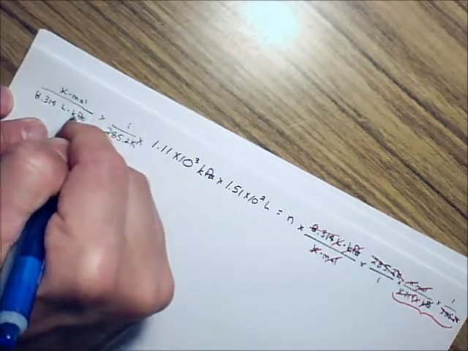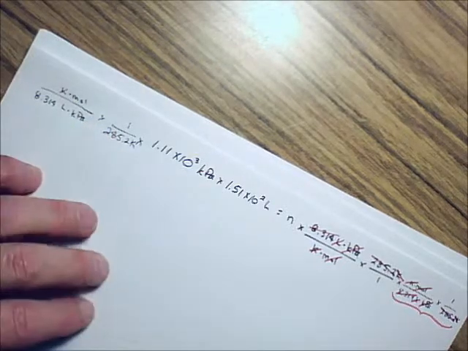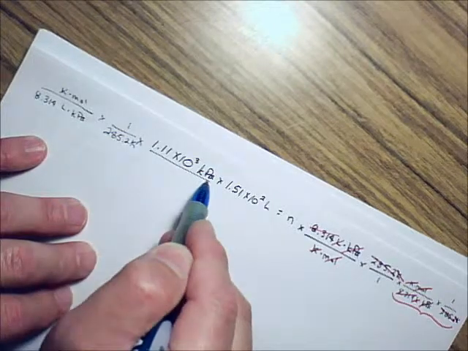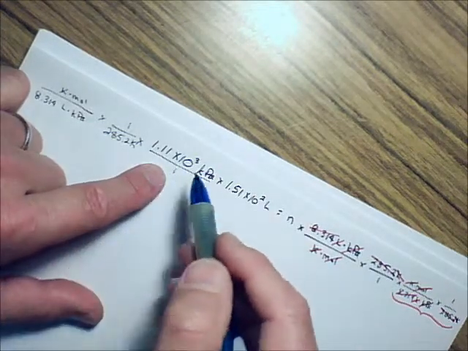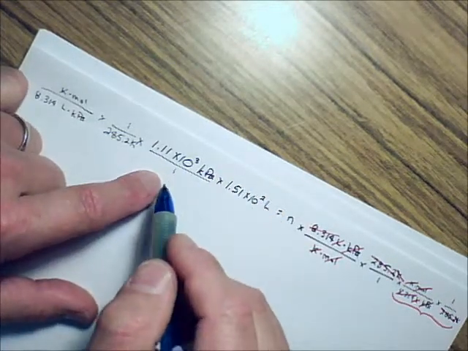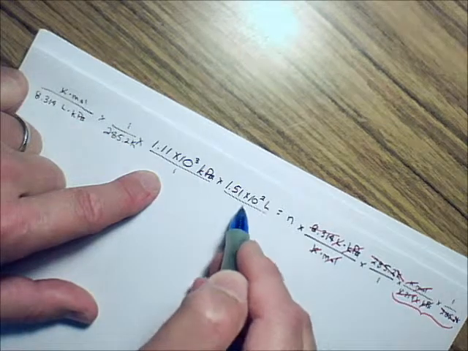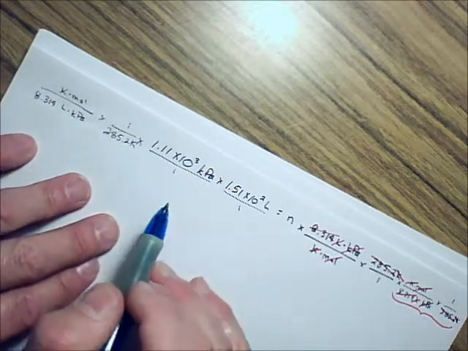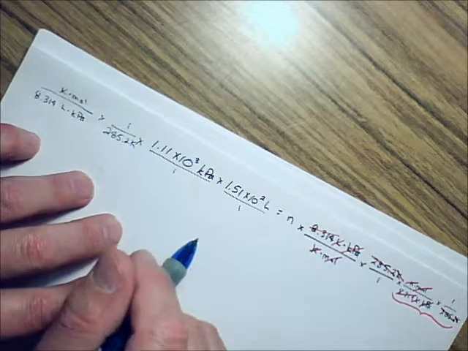Now, just to be able to do the math here, let's put these over 1, because when you put anything over 1, it doesn't change the value, but it's getting everything lined up for the next step. Dividing by 1 gives you the same number.